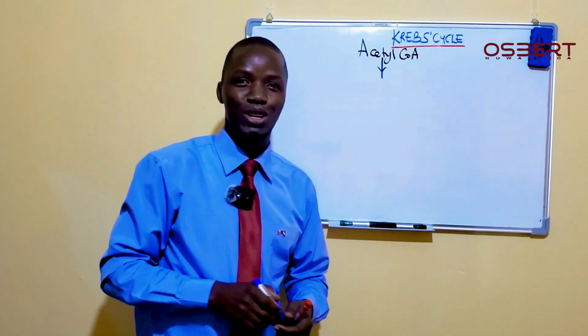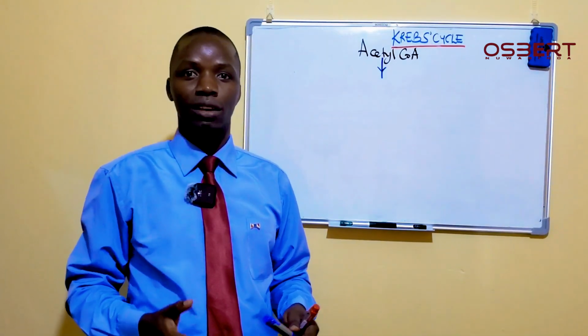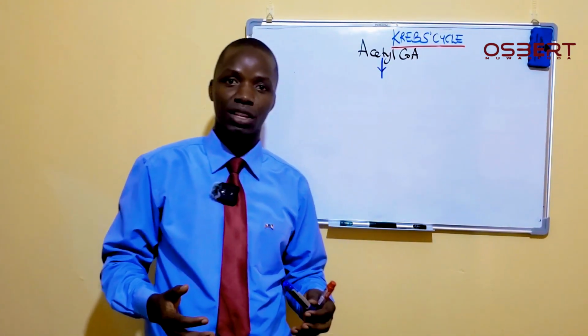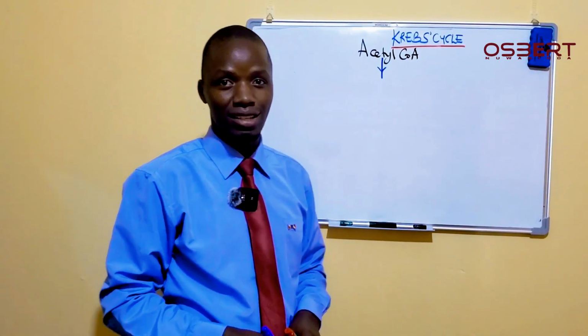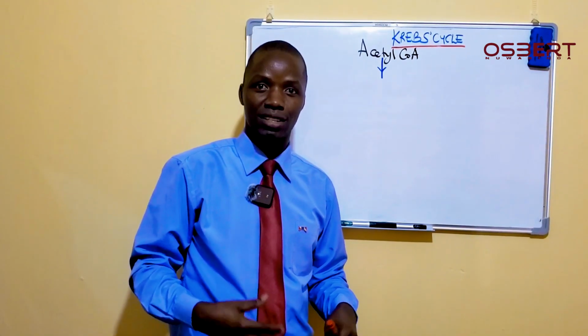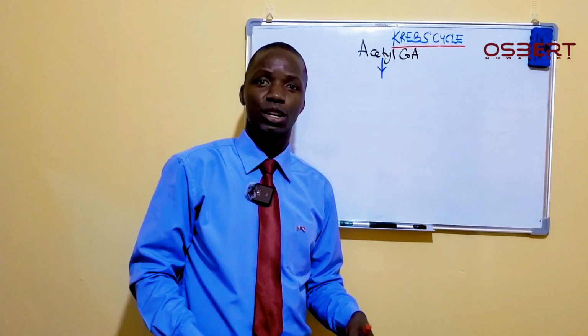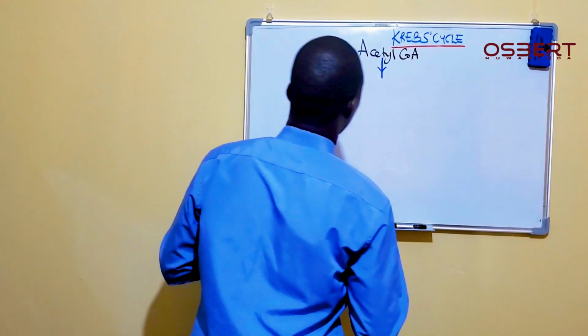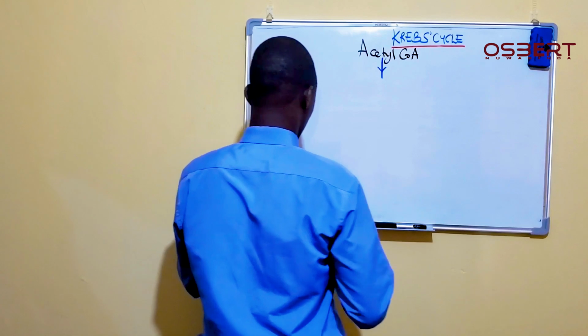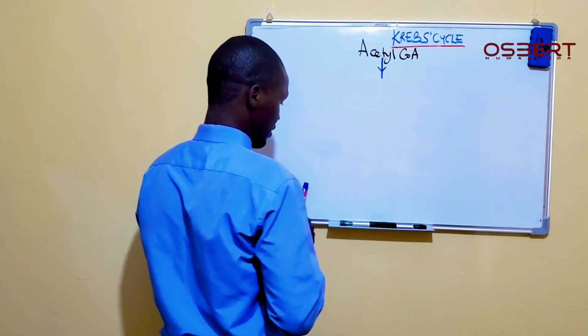Now, what are those molecules within the Krebs cycle? The first molecule within the Krebs cycle is oxaloacetic acid, or you can also call it oxaloacetate. So it will come and find this molecule known as oxaloacetate.